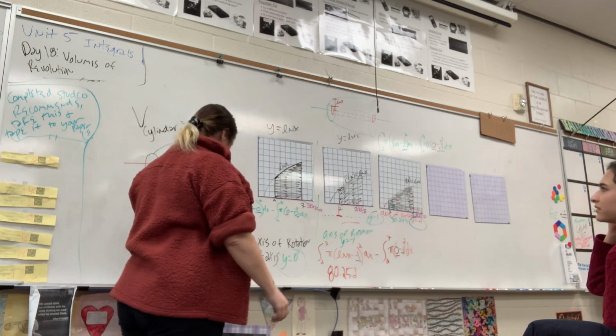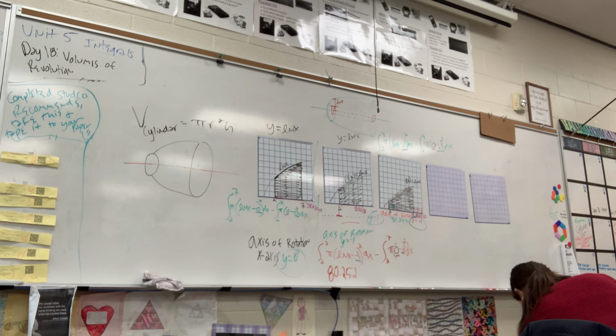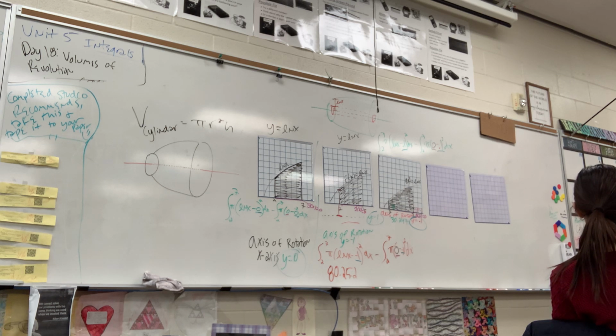You with me? This will only work if you follow my instructions perfectly. I'm going to give you another one. Step 1, decide how the volume should compare to all of our ones so far. Step 2, write the integrand first.